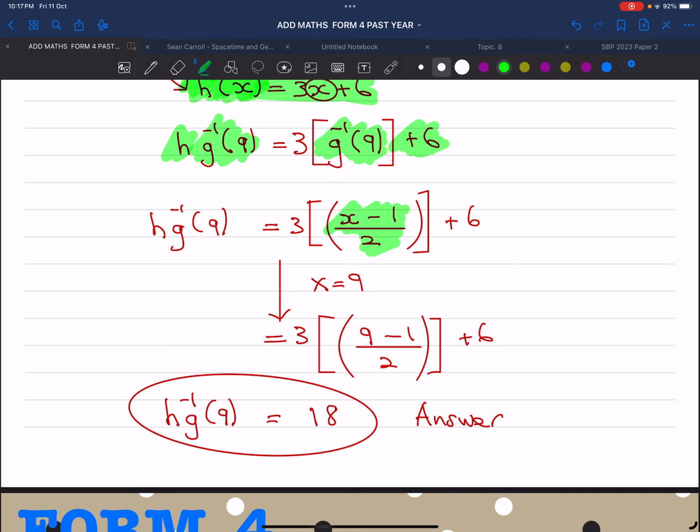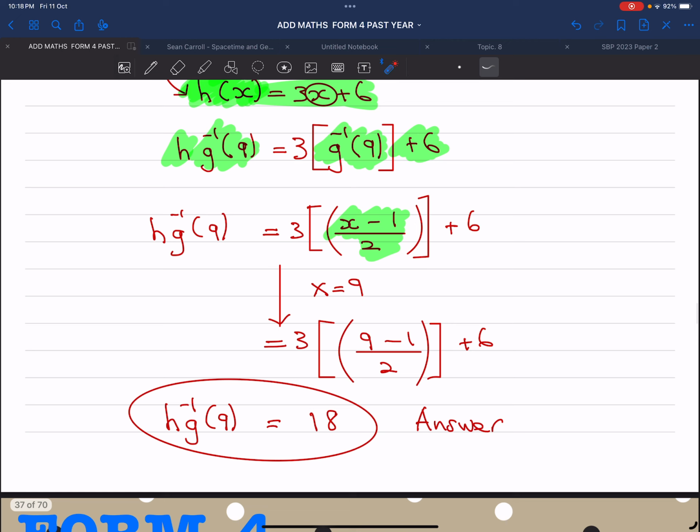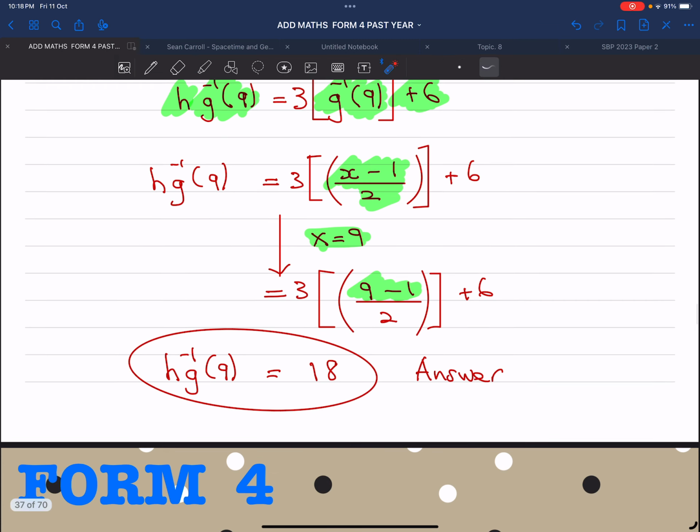And we know that the x is 9. So x I'm going to replace with 9. So therefore, x minus 1 has become 9 minus 1 because x replaced with 9. All the other numbers, the 3, I put back, plus 6, I put back.